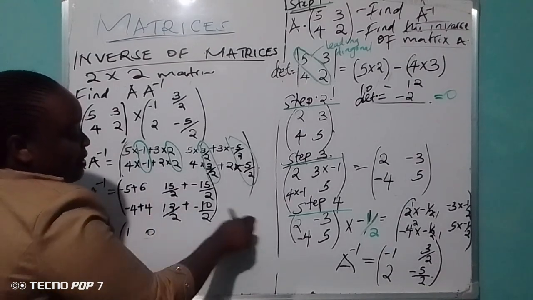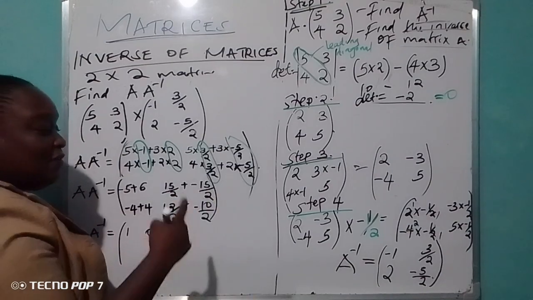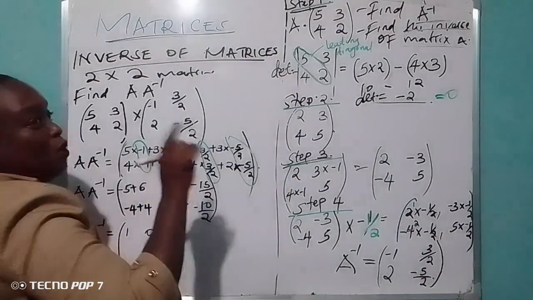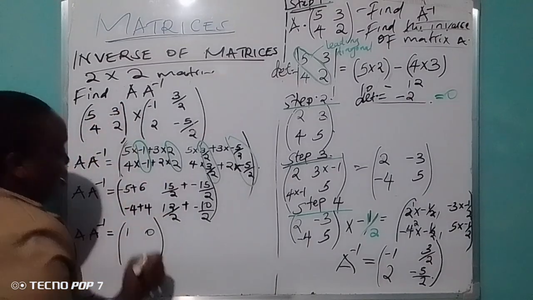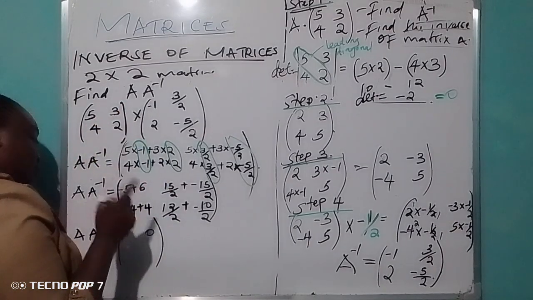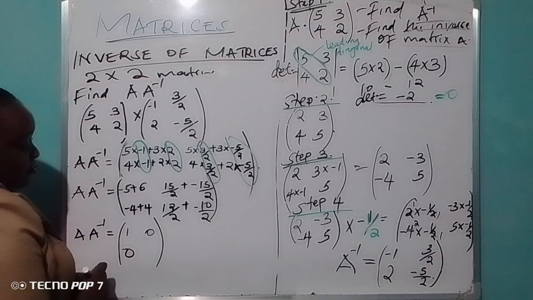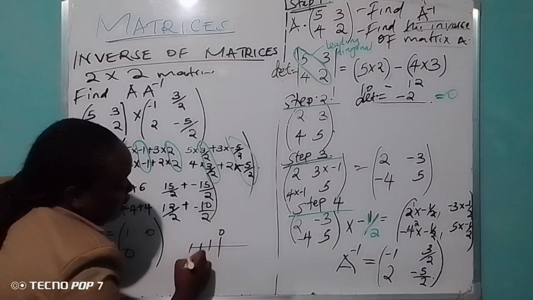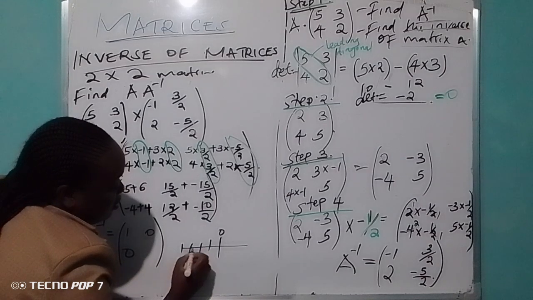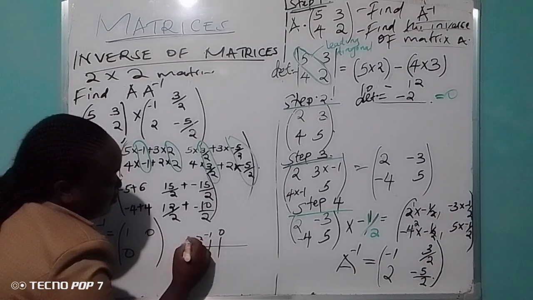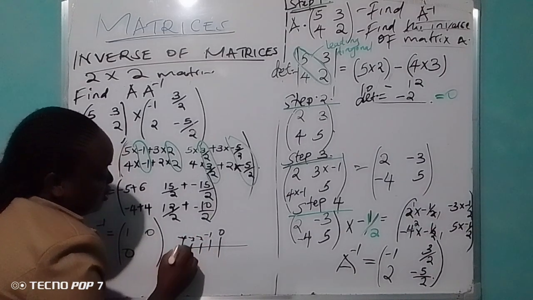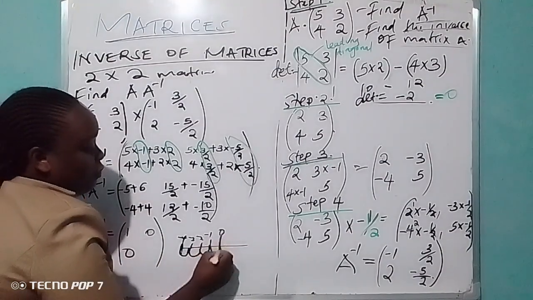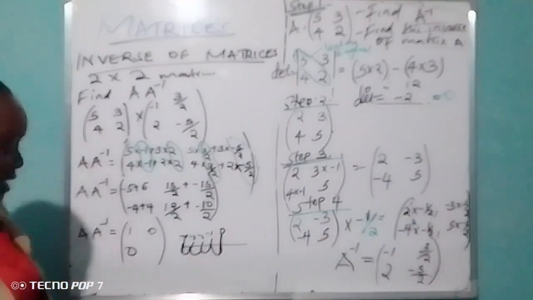Tulikuwa tumeandika hapa, by the way, positive times a negative is equals to a negative, si ndio? Minus 4 plus 4, 0. Tunakumbuka hiyo? Hapa ni 0, huku ni negative, si ndio? Negative 1, negative 2, negative 3, negative 4. So kwa negative 4 plus 4, 1, 2, 3, 4 inakuja kwa 0.